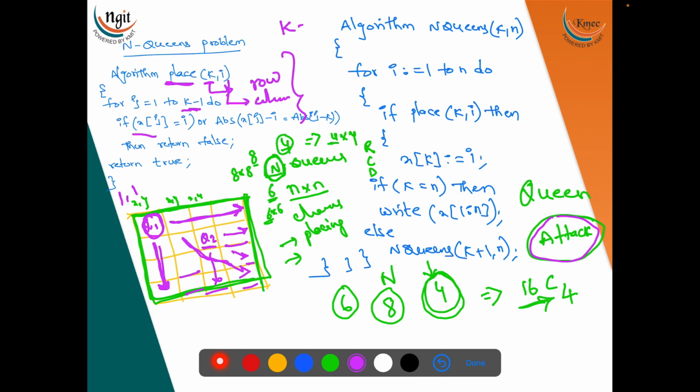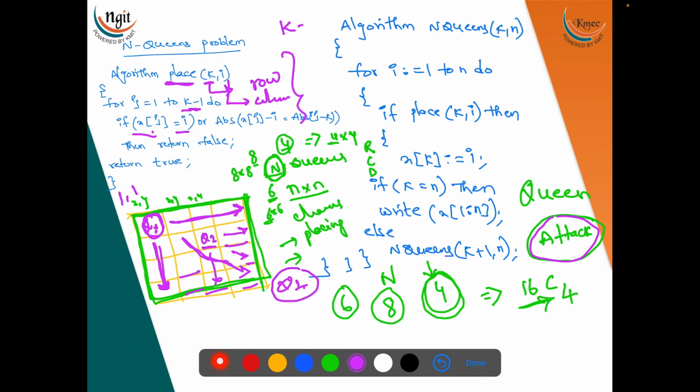x of j double equal to i. This is my pseudocode, so I could use a single equals, but it should be an equality symbol. x of j equal to i means the queen I am going to place newly, where q1 already exists. Now I want to place q2. When you want to place q2, you have to make sure that these two queens are not in the same row, the same column, or the same diagonal.